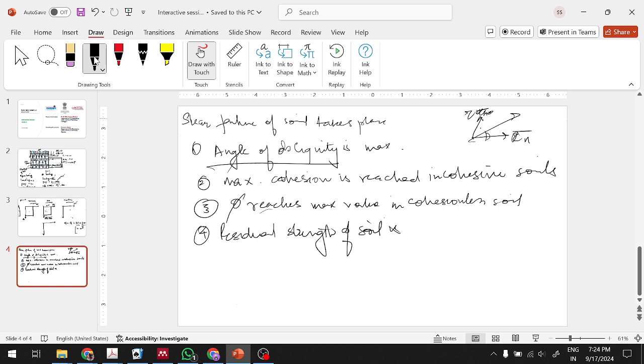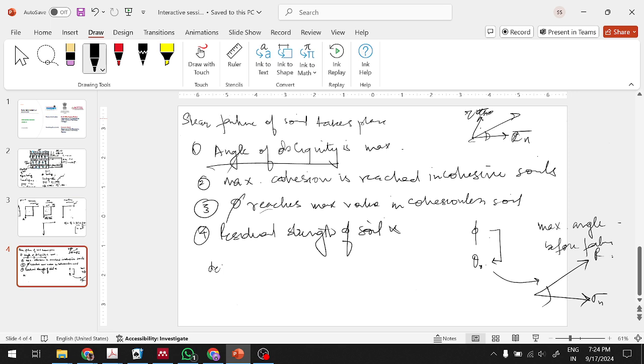I know for a fact that between phi and the angle of obliquity, one of them means the maximum angle before failure, and one of them is just the angle between the resultant and sigma n.